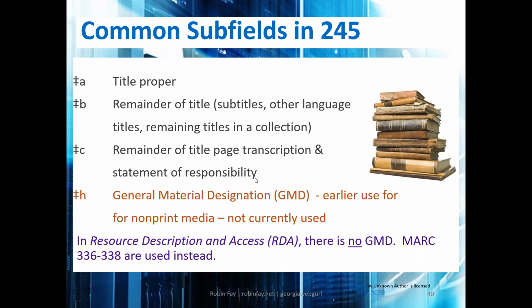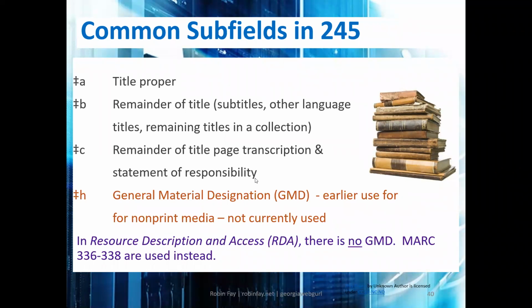So if you're a copy cataloger and you're cataloging something older, even from the 80s, if that record has not been updated and is not an RDA record, then what appears for the 245 might not match exactly what you have on your title page. If you're cataloging something from, say, 2010 on, what is on that record should match exactly what is on your title page.